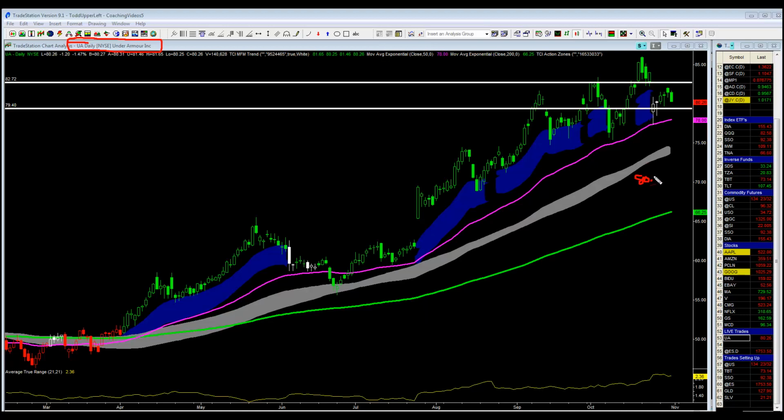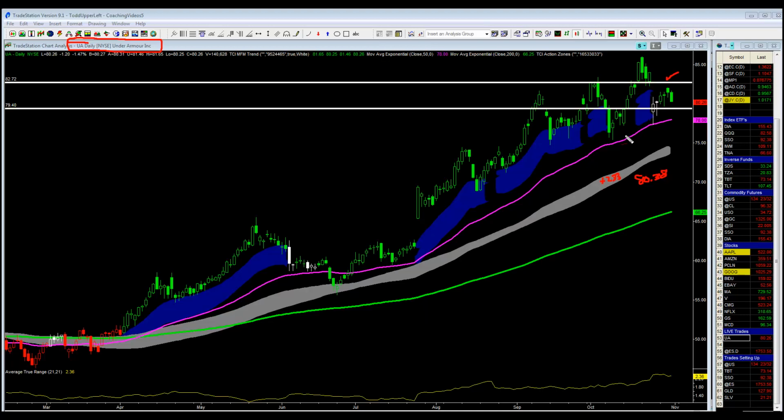$80.38. The upper white horizontal line represents the first profit target at $82.71, looking to make $2.33.